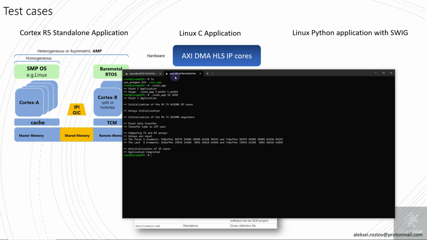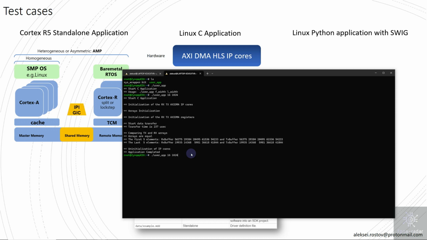Okay, it's done. Let's read the log. The transfer took approximately the same time. In the case of the standalone application, it was 212 microseconds. Here it's 237. Arrays are equal, and here are the first and last 5 elements of the array.